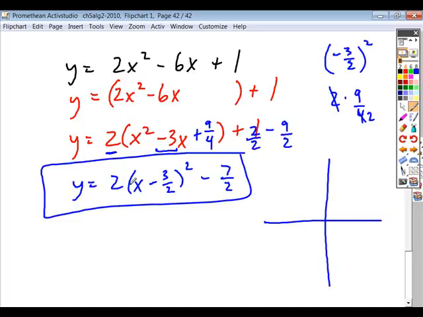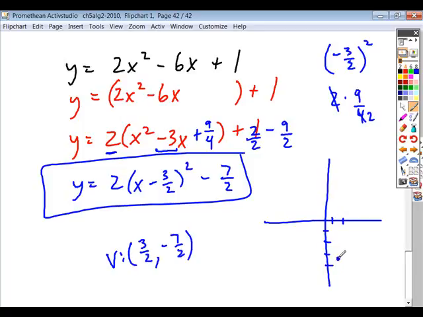Okay, so my vertex is now at the coordinate. The vertex will be at 3 halves, -7 halves. My axis of symmetry is still x equals 3 halves. My y-intercept is still, you can still find that using your original standard form, so plus 1. Okay, so if I plot this, so here's my, again, 1.5, and then down 3.5.